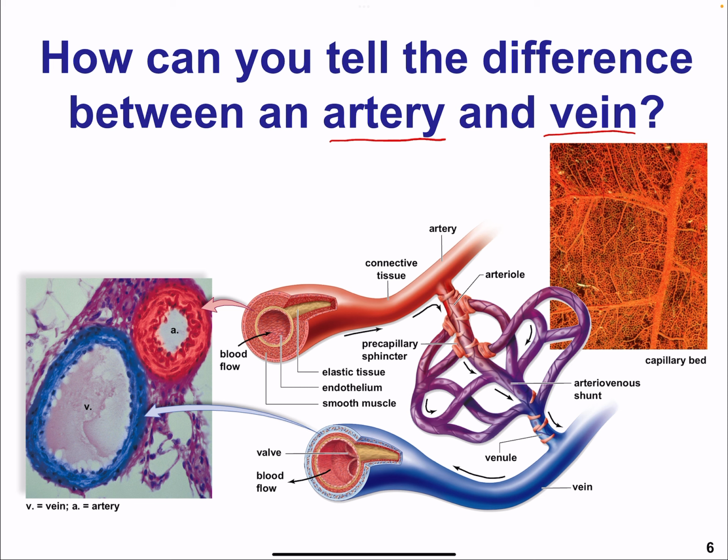Overall, arteries and veins are similar in the fact that they always have 3 layers of tissue, if you will. You're going to have the outermost layer here. It's the connective tissues. Underneath of the connective tissues, you're going to have an inner layer here.